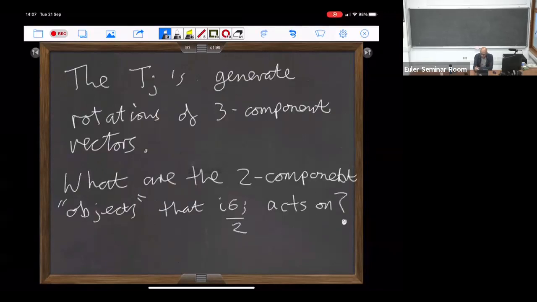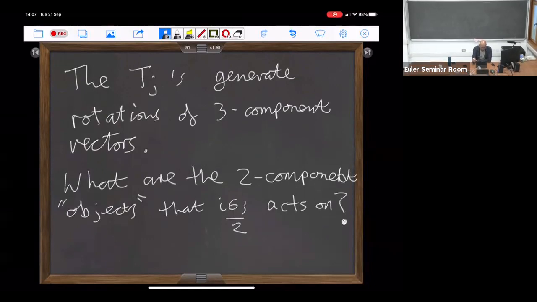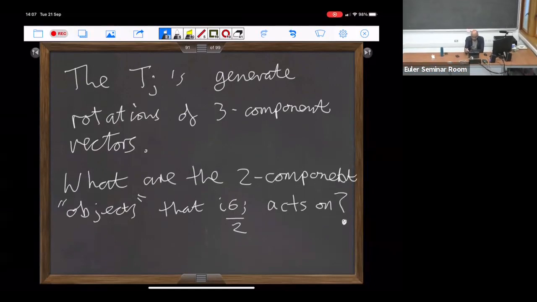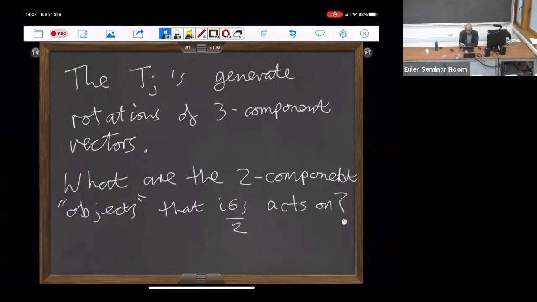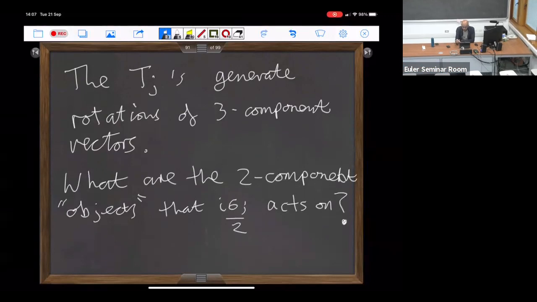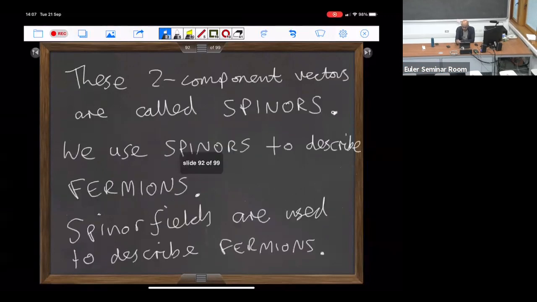And so you have this two-dimensional representation, and then you can ask what are the objects on which it acts, and these are spinors.